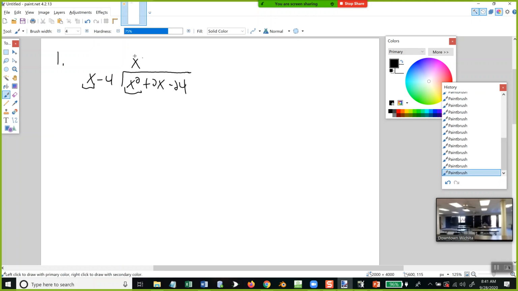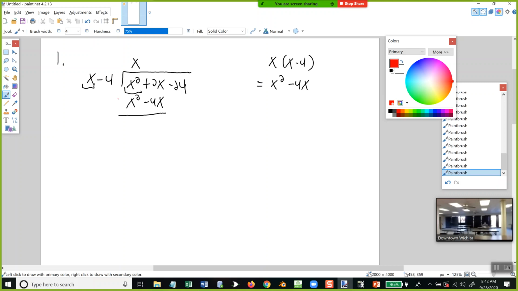Now, whatever you put up on top, you're going to multiply by what's out in front. So we take x times x minus 4. X times x is x squared. X times negative 4 is negative 4x. And that's x squared minus 4x. Then we're going to subtract this line, which means you flip signs.